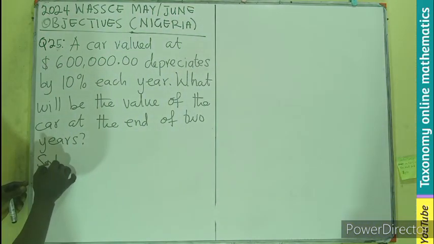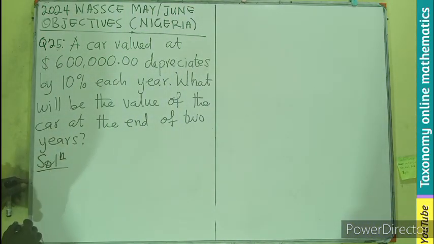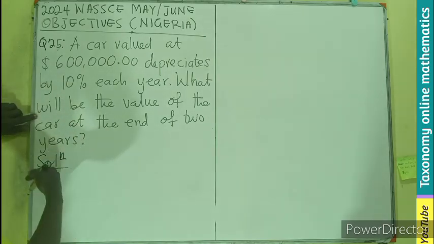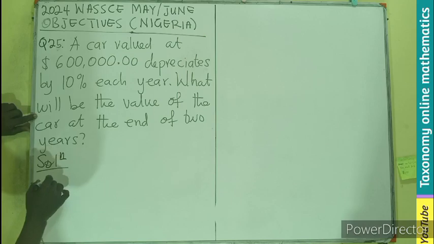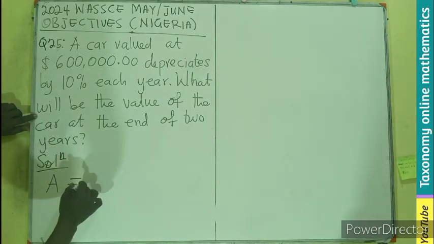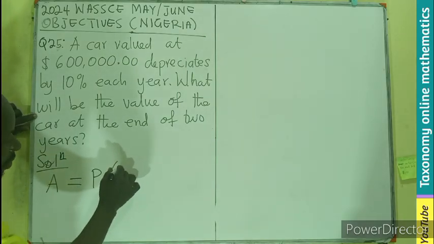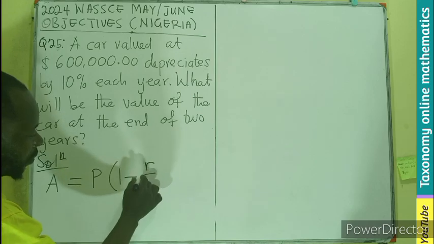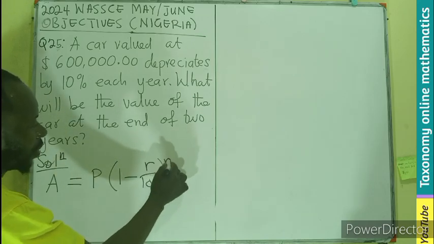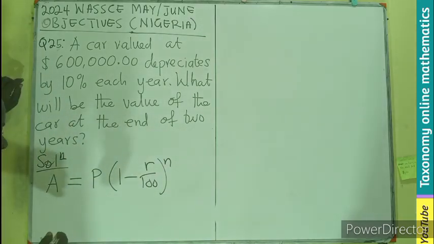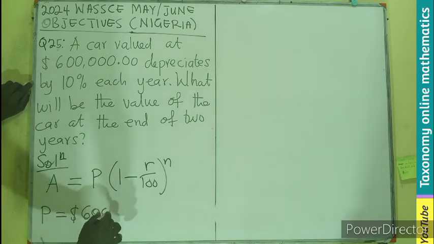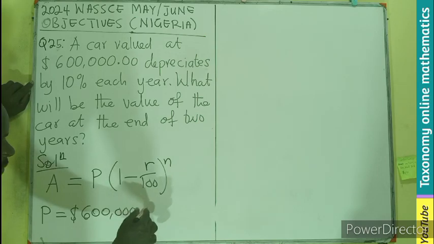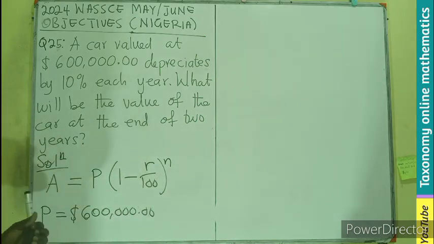So in this case, the amount we are looking for, the value of the car at the end of 2 years, can be taken as A equals P times (1 minus R over 100) to the power of N. Here, P is the value of the car now, which is $600,000.